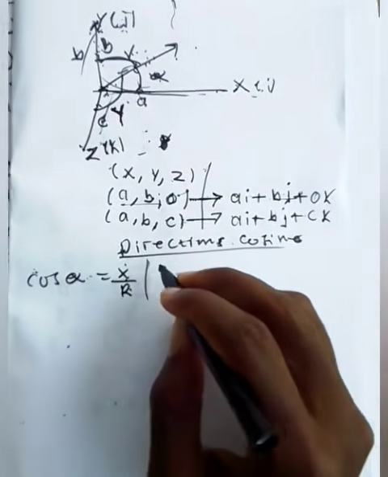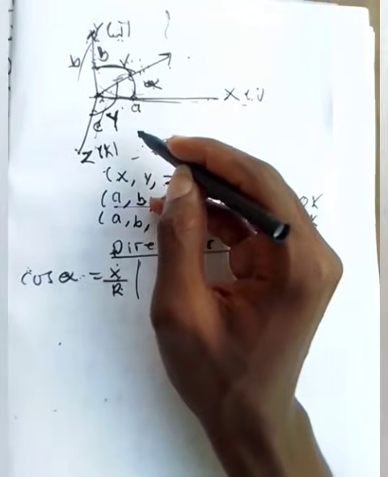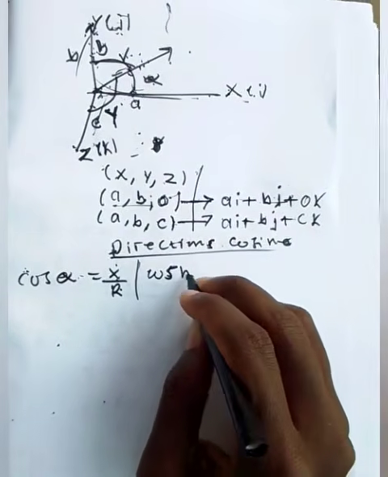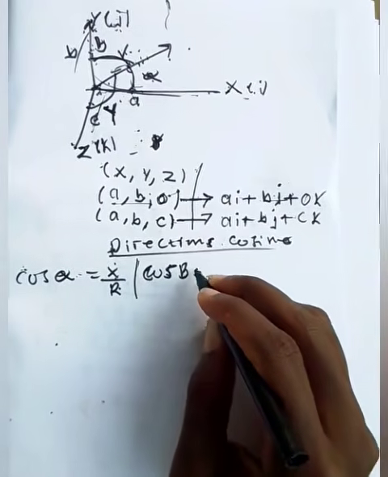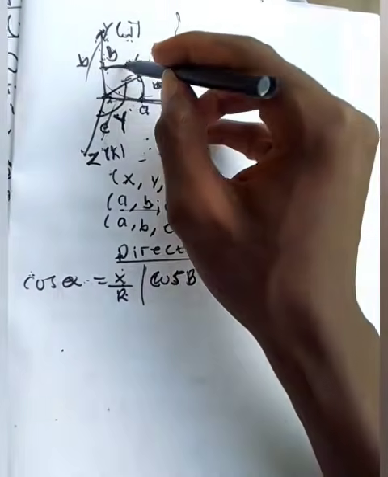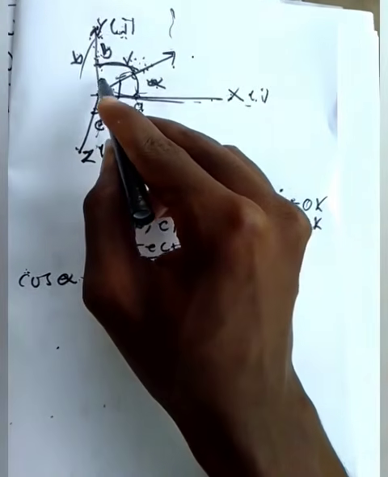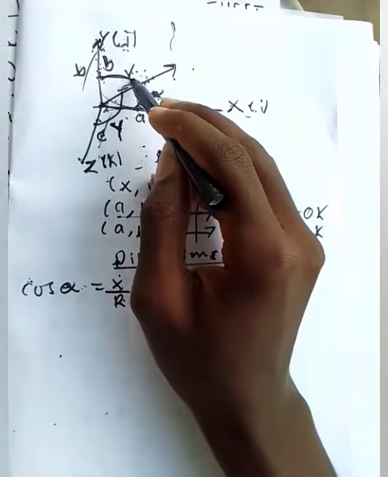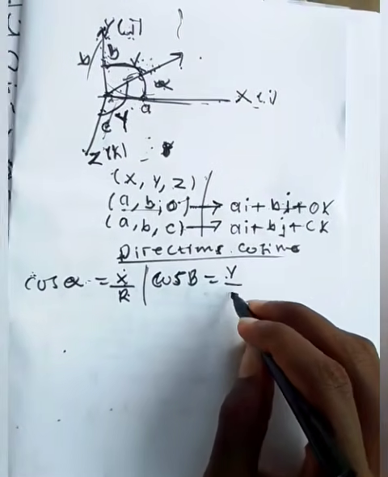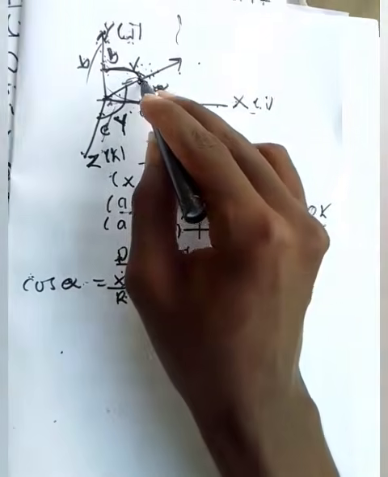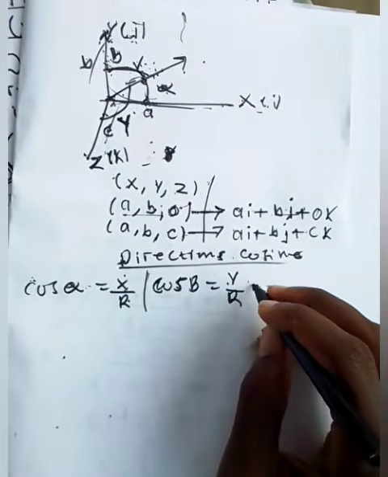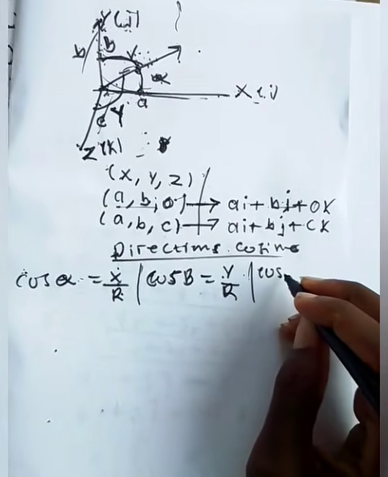And then the one for beta, you can say cos beta is equal to, listen, since beta is an angle between the vector and the y-axis, this angle is having an impact on the y-axis, right? So we get the component in the y over r. Same with this one, because alpha is having an impact on the x-axis, so we get the component in the x over the resultant.